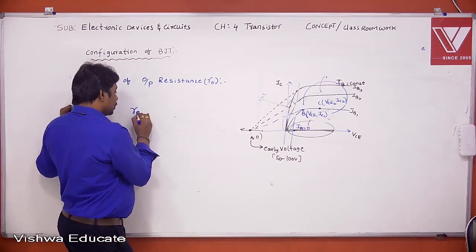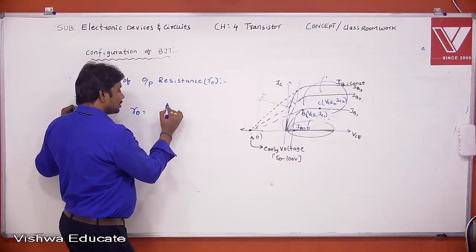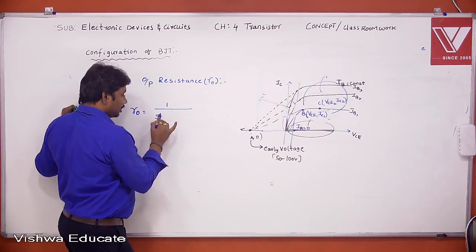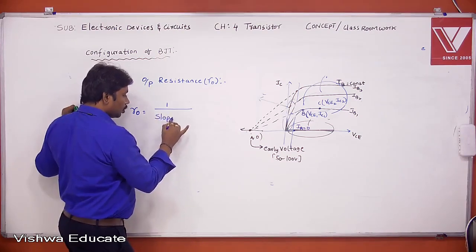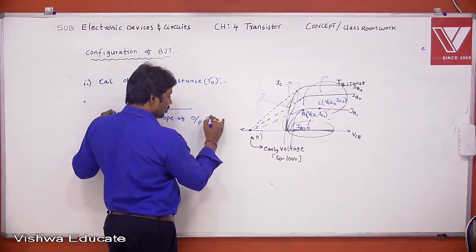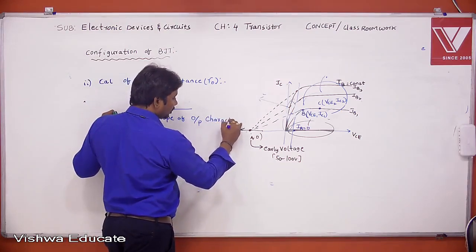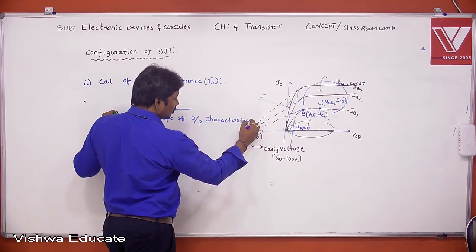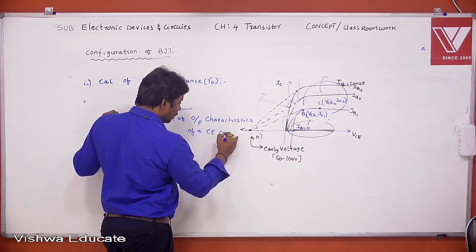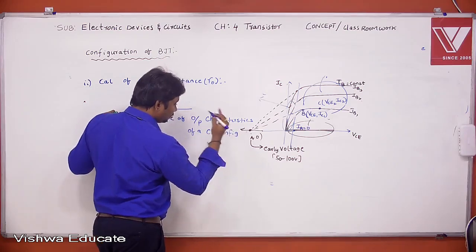See, what is an output resistance actually? You know, output resistance is nothing but the reciprocal of the slope of the output characteristics of a common emitter configuration.